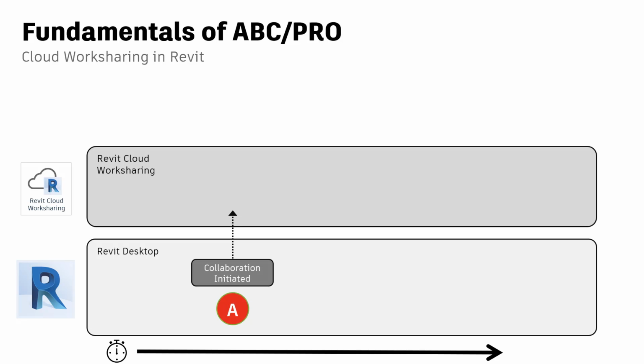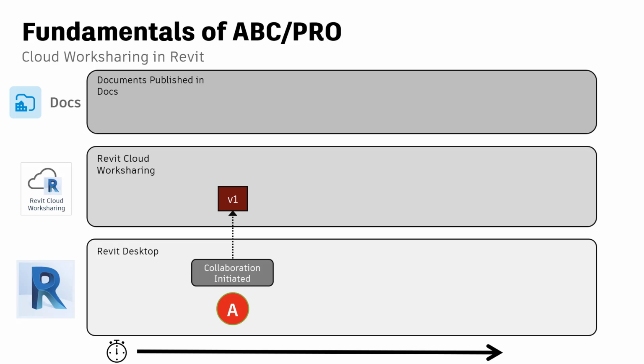First, when the collaboration is initiated, we have here the version 1 of the file A. And then, depending on the choice that has been made, we can actually publish documents on Autodesk Docs that will be visible in an internet browser with the Docs module. So the publishing can be manual or automatic.